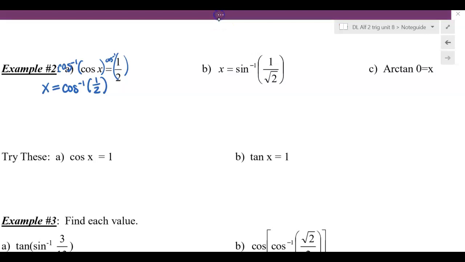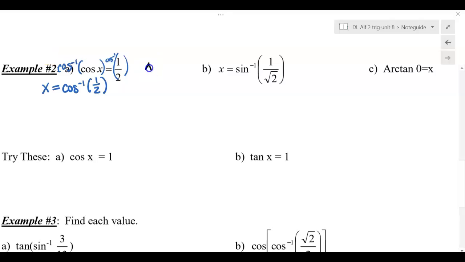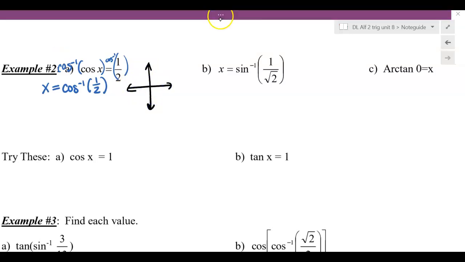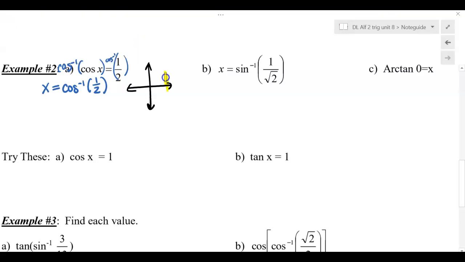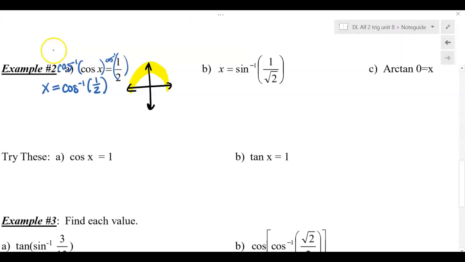So when I'm thinking, all right, x is equal to inverse cosine of 1/2, I'm thinking about the unit circle, and I'm thinking about the restrictions. The restrictions on this inverse function want me to focus on this arc, okay? Specifically angle values from 0 to 180.